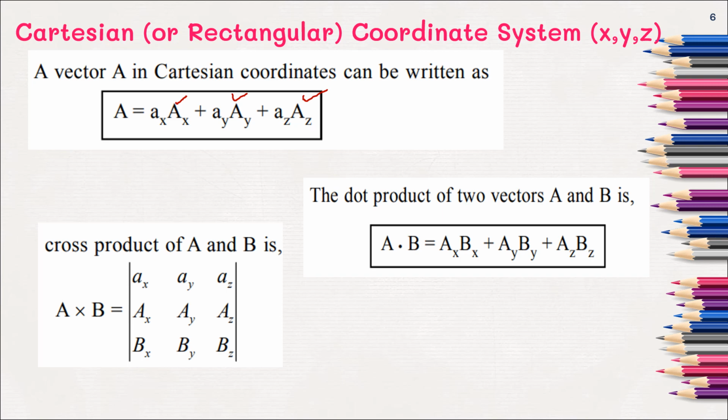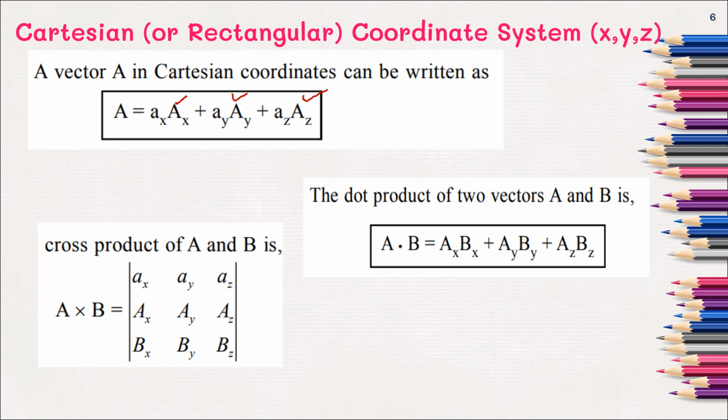Now when I find the dot product, what will happen? In the previous slide, we have seen ax dot ax. What is ax dot ax? It is going to be equal to cos 0, and cos 0 is going to be 1. So only those terms will exist and all other terms cancel.